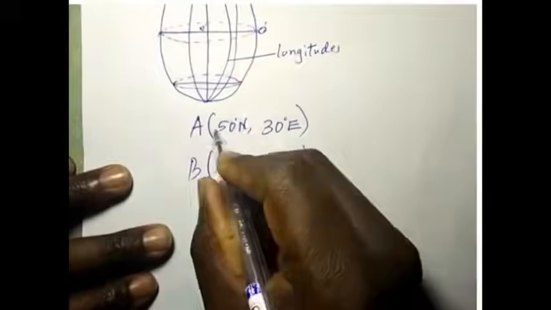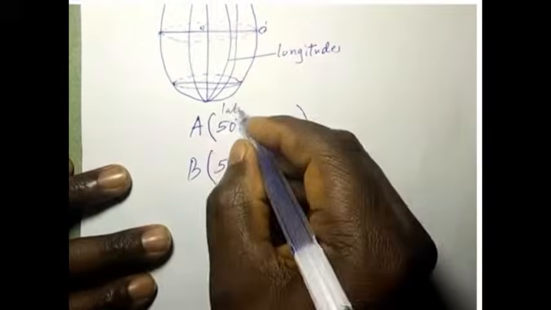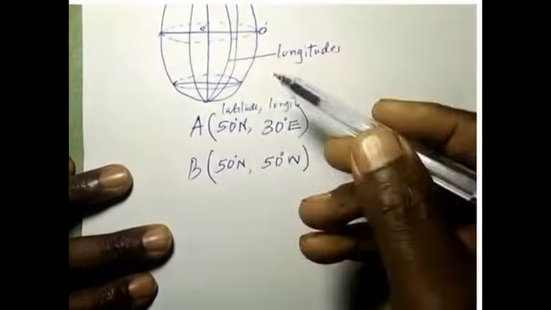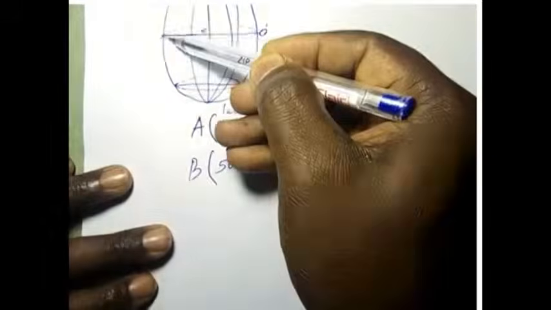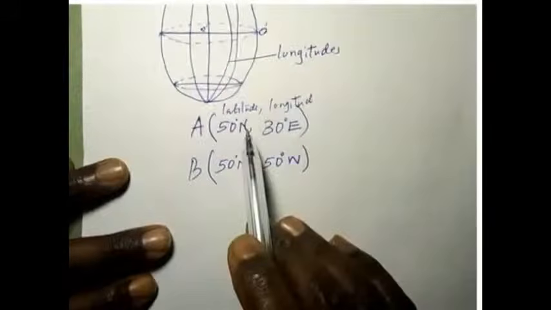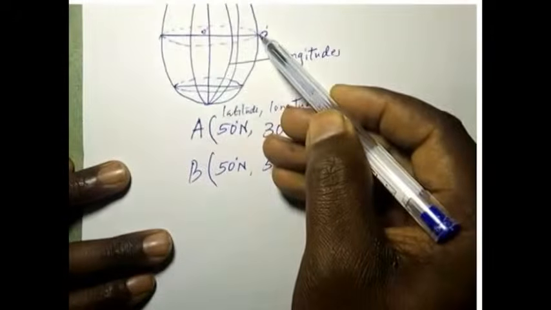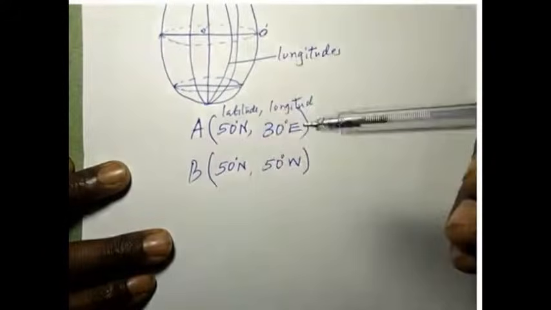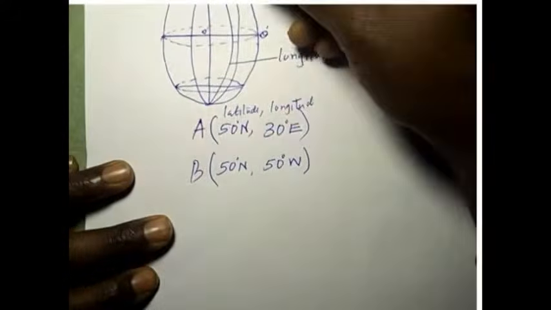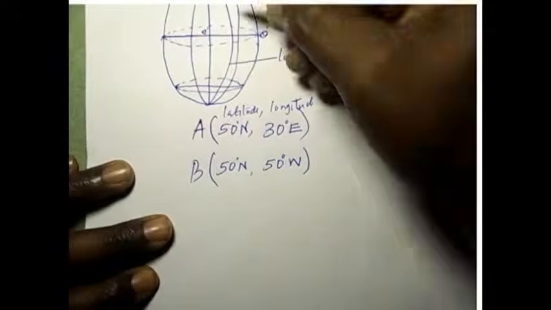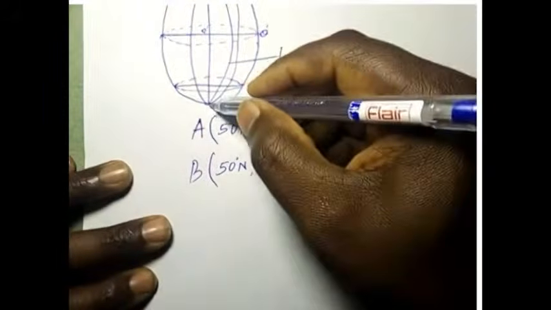Longitudes are measured from here to the west, 180 degrees, and from here to the east, 180 degrees. The equator is 0. The maximum latitude is 90 degrees north, and another 90 down here.